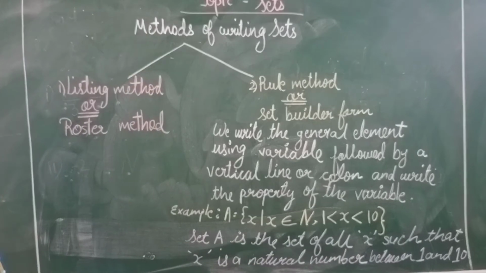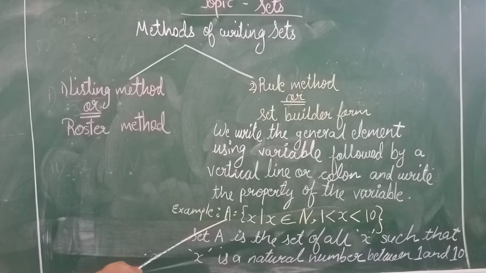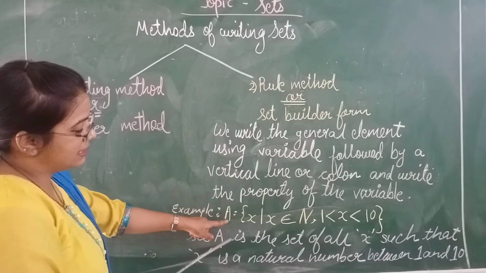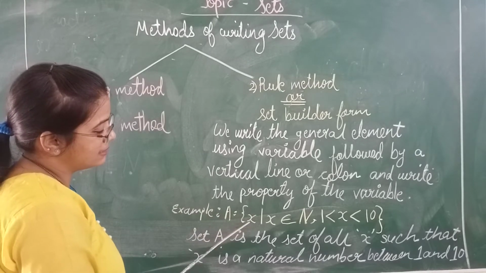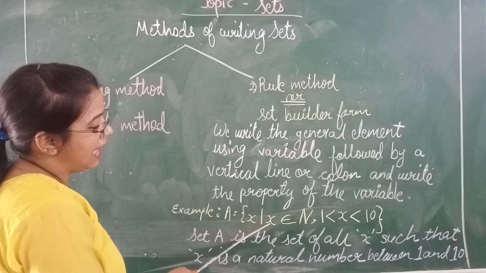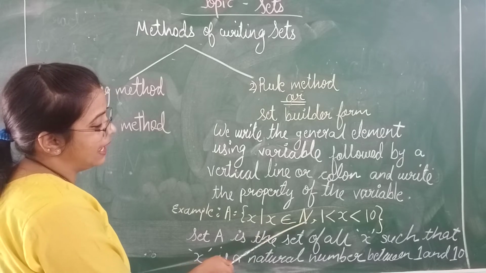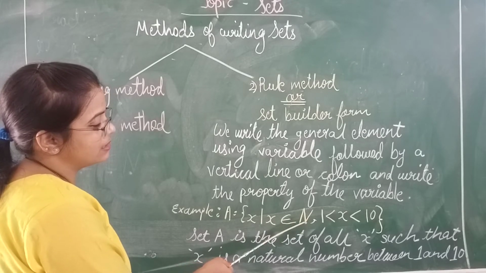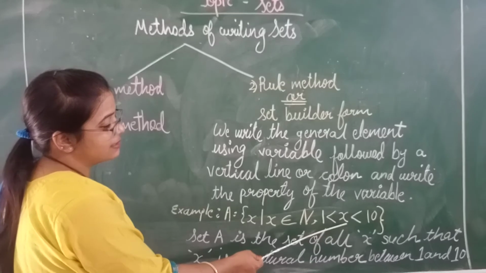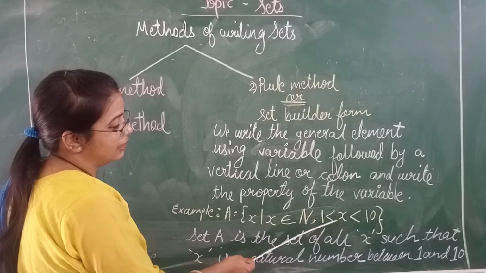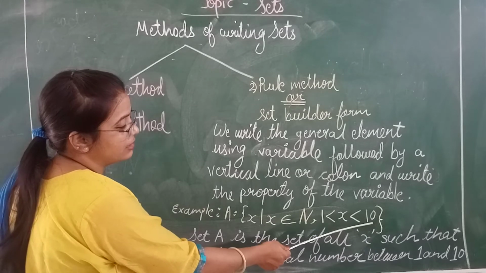There is one more way to read this. We can say that set A is the set of all x such that x is an element of set N, which represents natural numbers, where x is greater than 1 and x is smaller than 10.